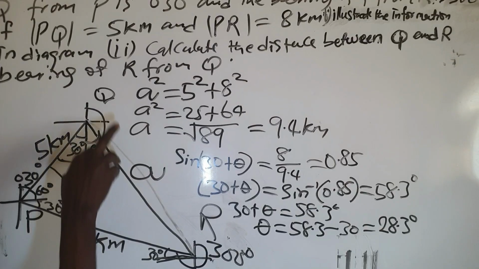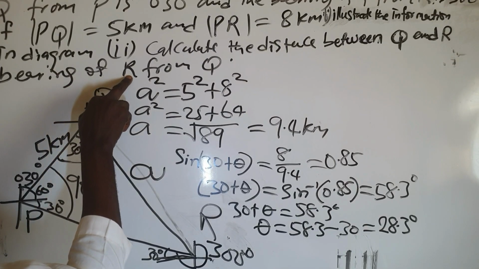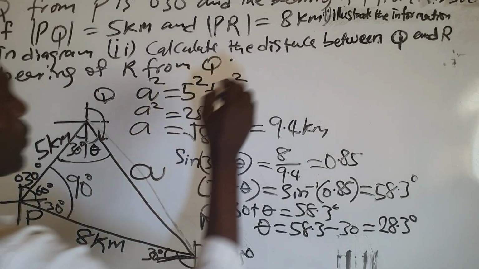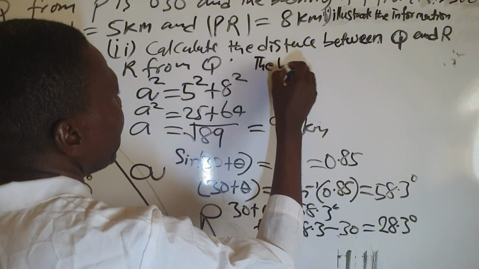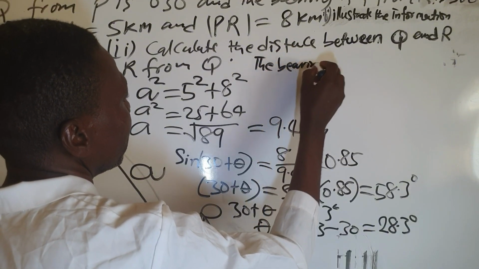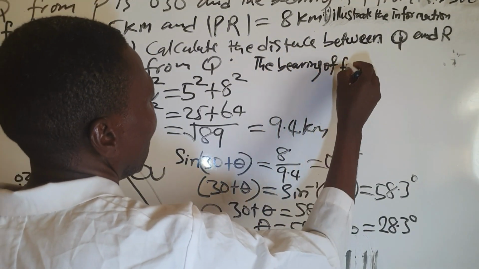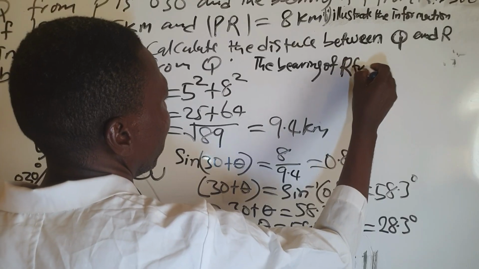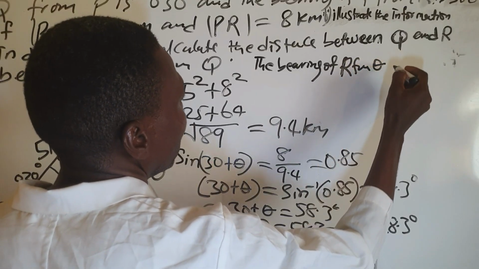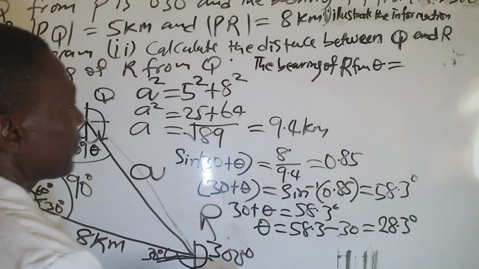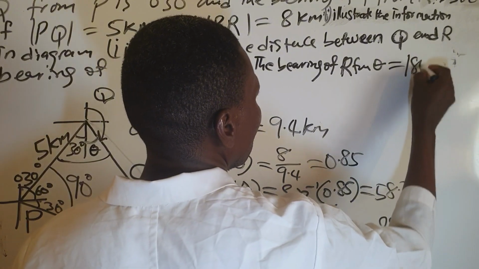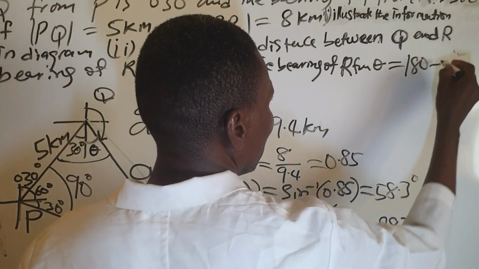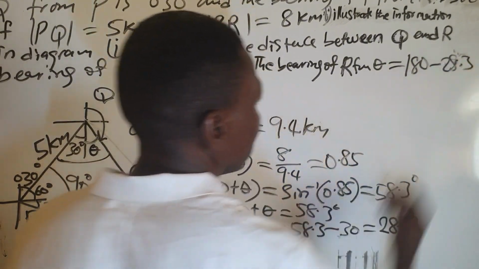Now let us find the bearing of R from Q. The bearing of R from Q is equal to 180 minus 28.3.